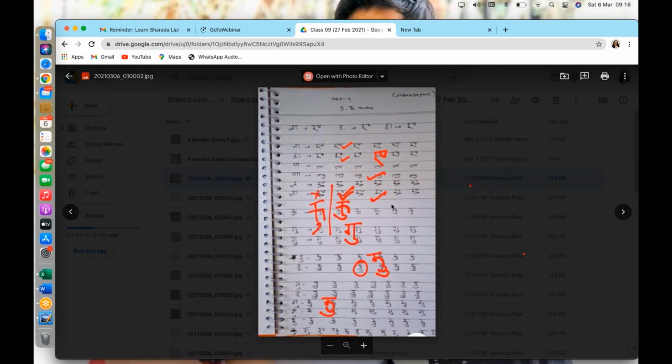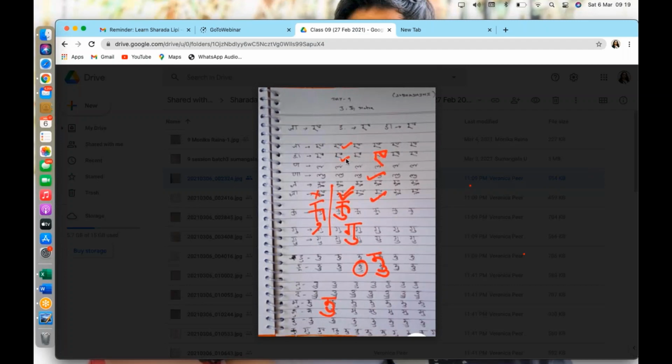there are corrections made for certain letters. First is na. If you see the letter, the correction that has been made is to the curve.